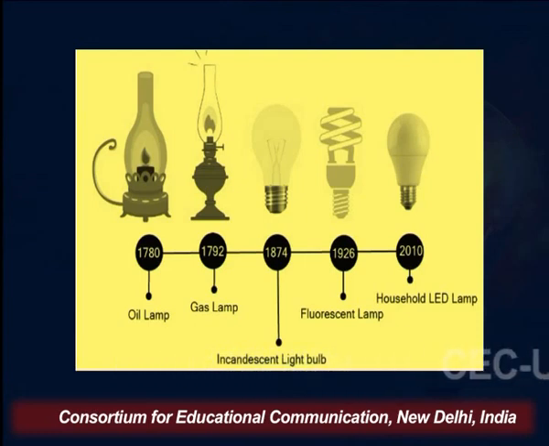After that it was replaced by the fluorescent lamp, and then halogen lamps also came into account. Nowadays mostly we use the LED, which is efficient, consumes less electricity, and is a cost-effective way to produce light. So this is the evolution from the oil lamp to the LED lamp.